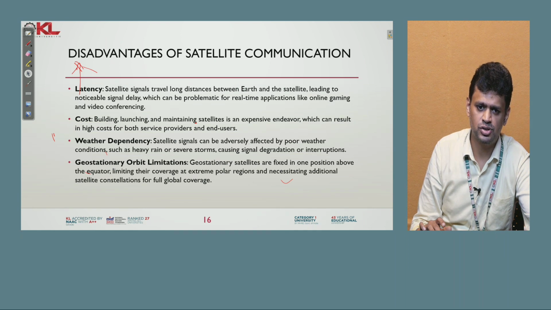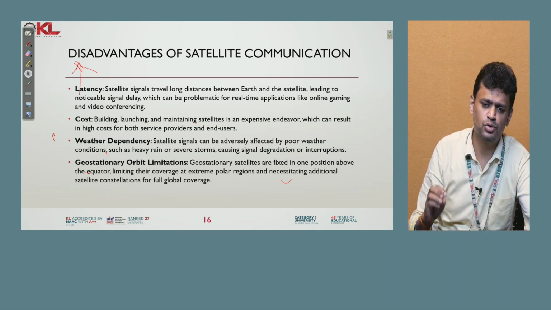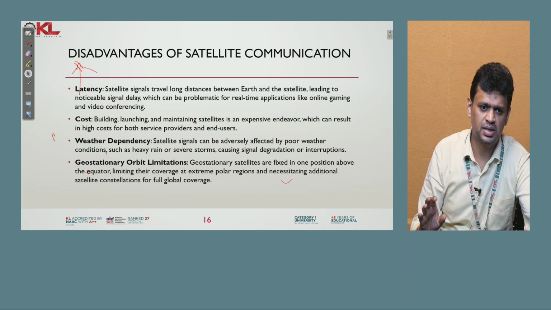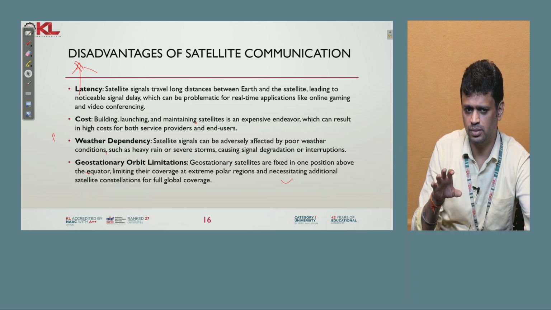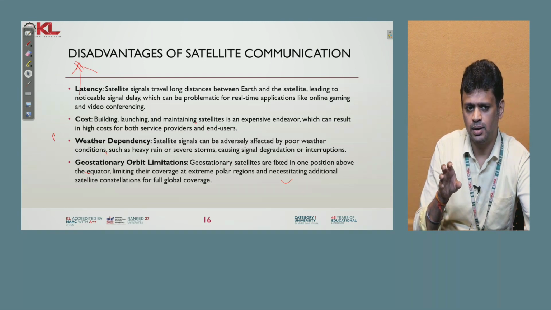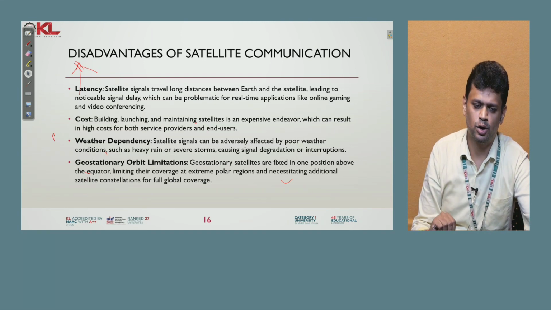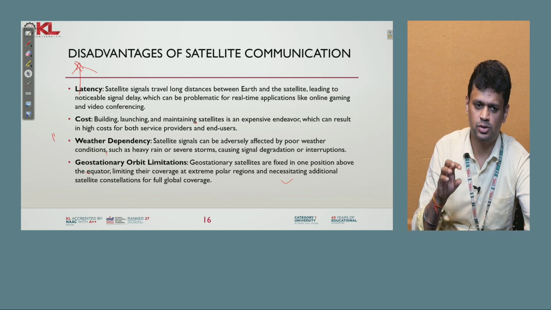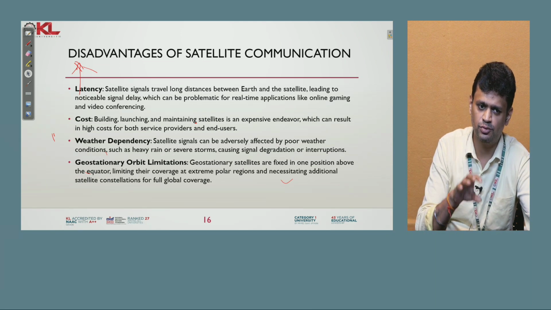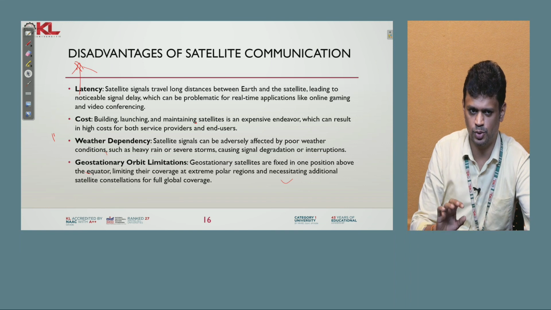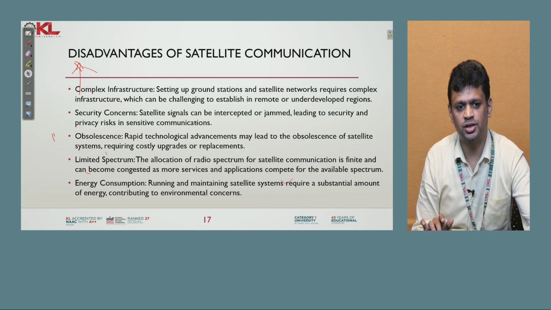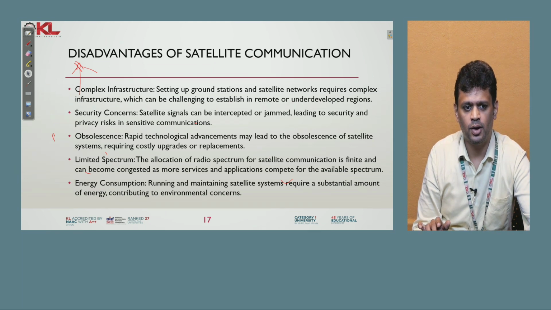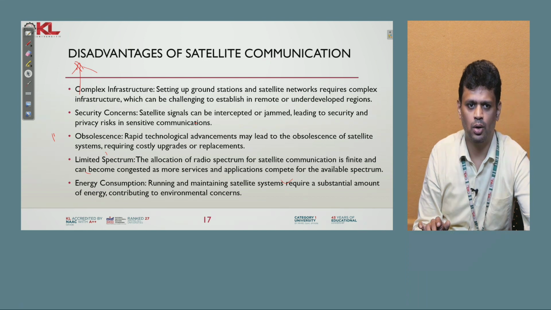Geostationary orbit limitation, geostationary satellite is fixed, everybody wants to transmit in geostationary, so basically once you transmit in the geostationary, it comes on top of the earth, but a satellite located in the geostationary orbit cannot serve polar regions properly because of its location. So complex infrastructure, security concerns, and obsolescence, limited spectrum and energy consumption, these are other disadvantages.